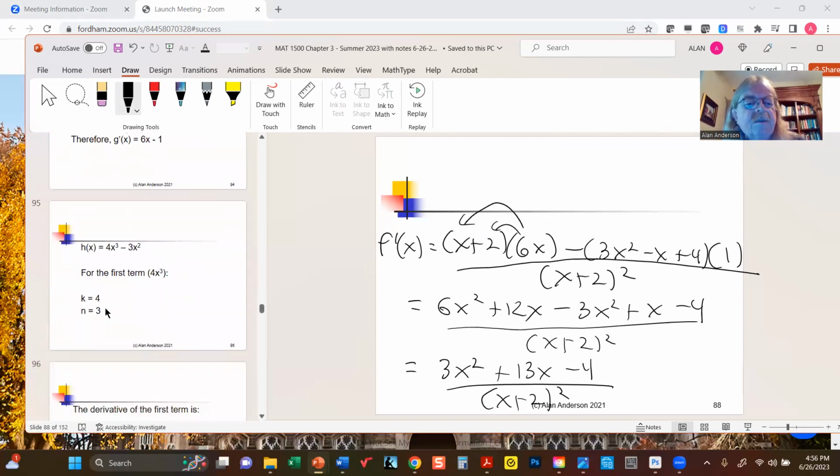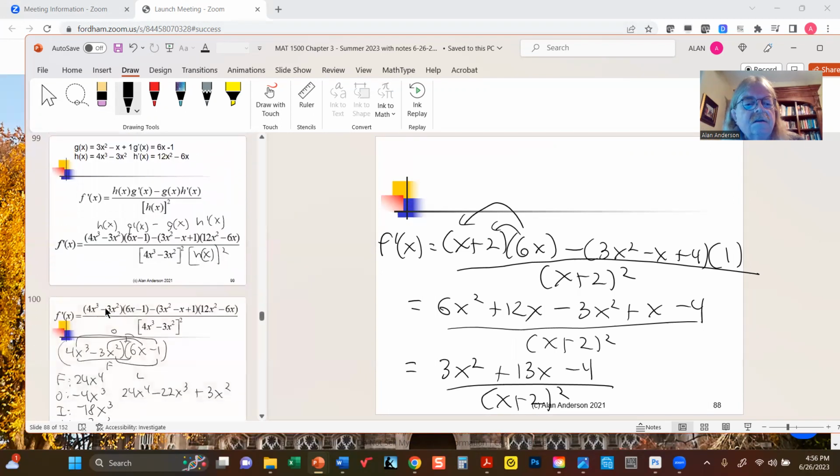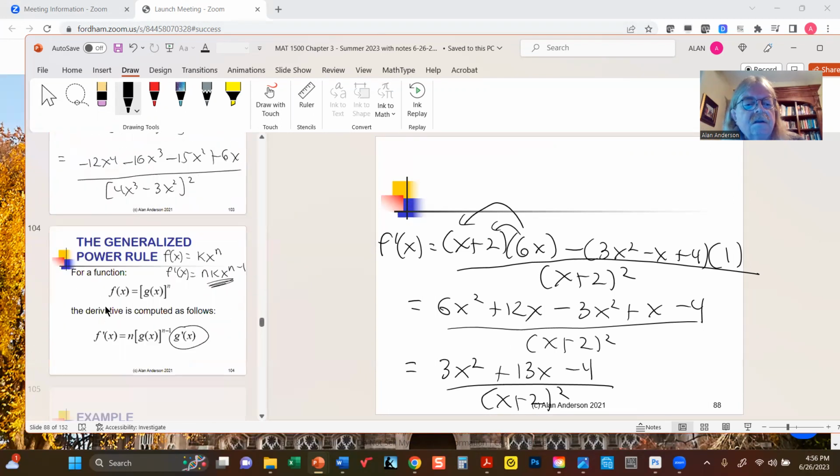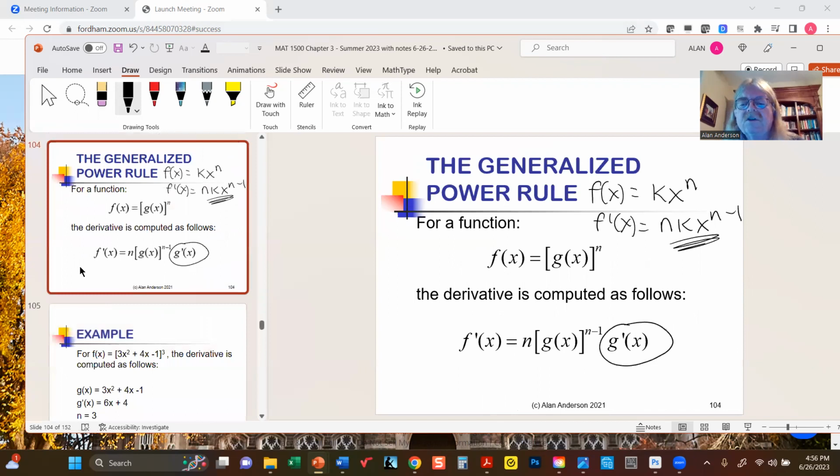Now, we just barely touched on the generalized power rule. The generalized power rule, as the name suggests, is the next step up from the power rule that we saw earlier. The difference here is that instead of x, we're dealing with a function of x, g of x.